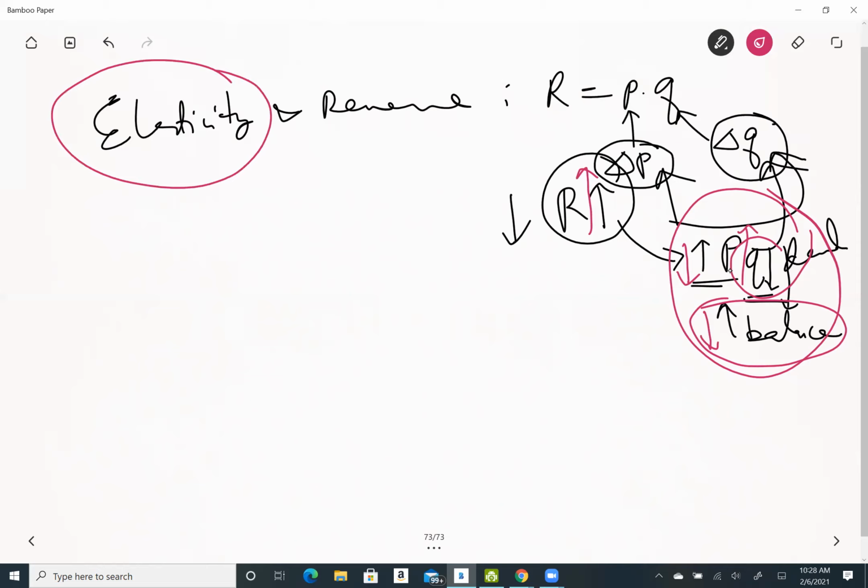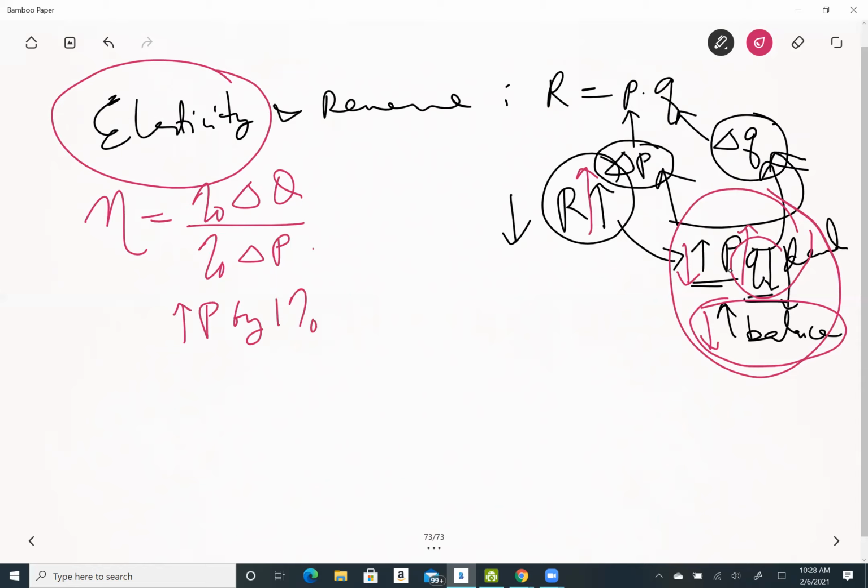Now, what is elasticity? Elasticity is the percentage change in the quantity demanded divided by the percentage change in the price. Now, let's say for petrol, the price increased by 1%, but your demand will go down by how much?